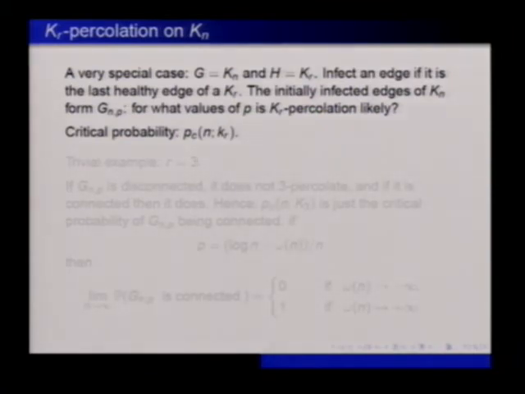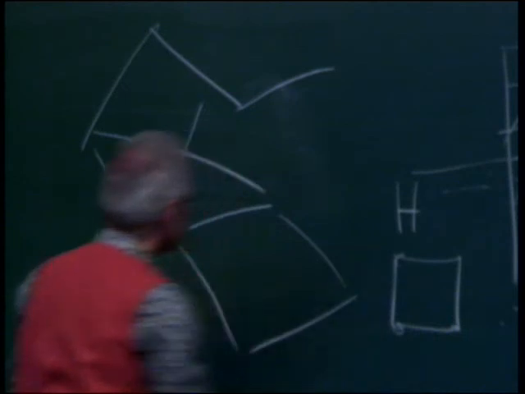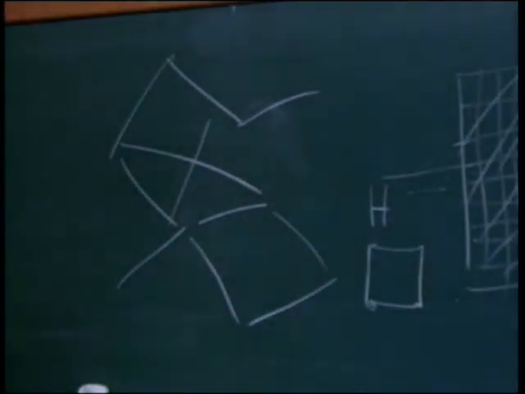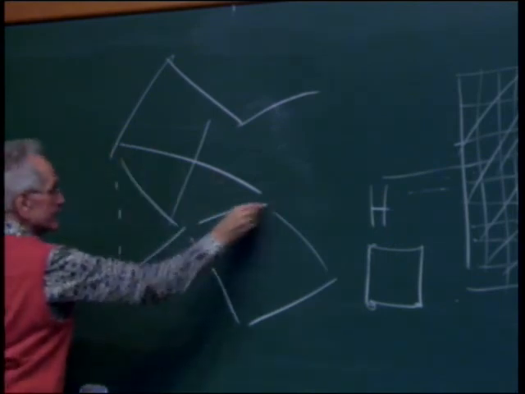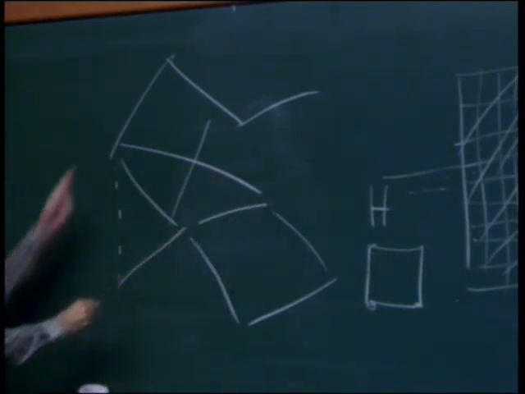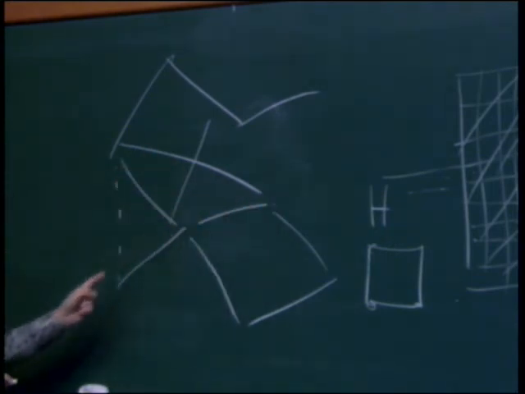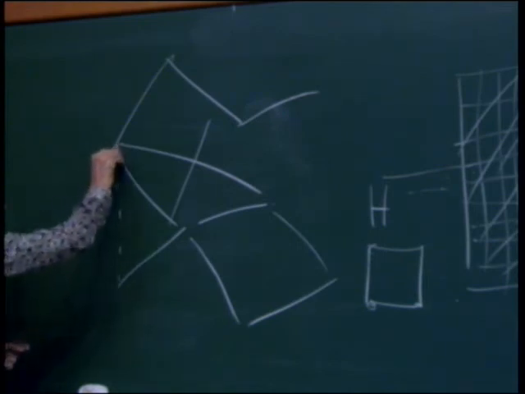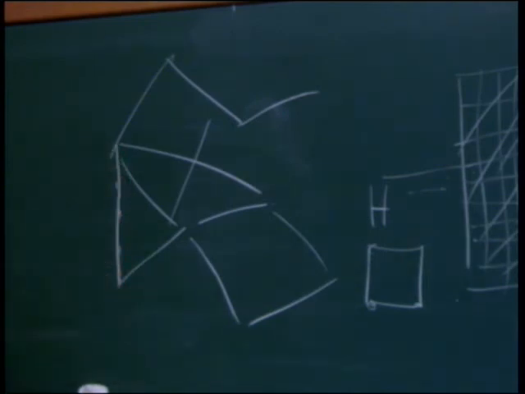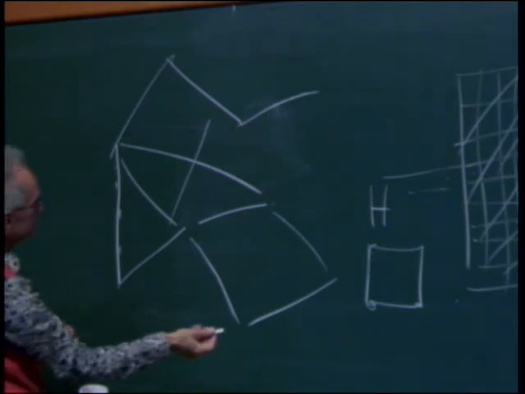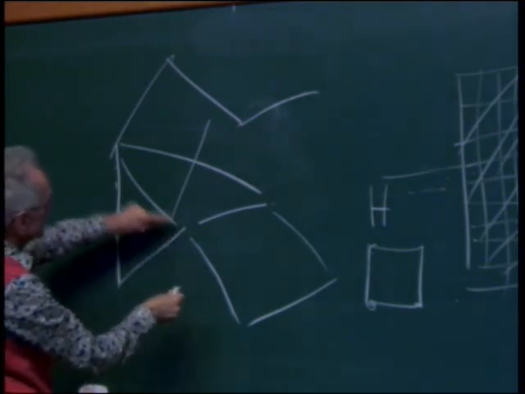whenever you find, let's say H is a C4, a 4-cycle, whenever you find an edge which completes a 4-cycle, so the other 3 edges are infected, then you infect it. You put this in. And then again, where is one?